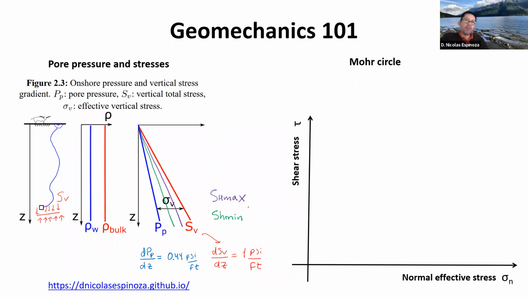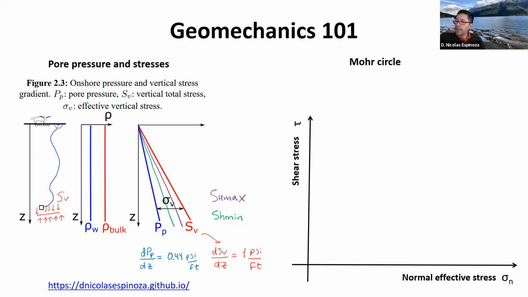For example, if you were close to some active mountain, the word doesn't come to my mind, but a zone with active mountain building, then probably these horizontal stresses will be higher than the vertical stress. Maybe one of them, maybe both of them. That depends on the place in which you are. But in general, we don't know what these are, so we have to measure those.